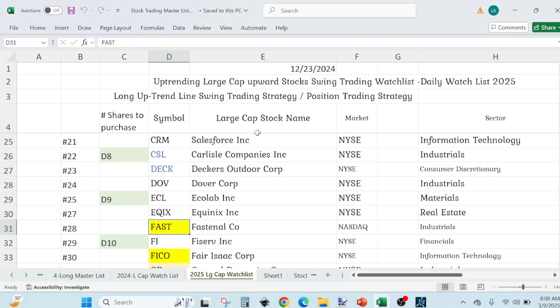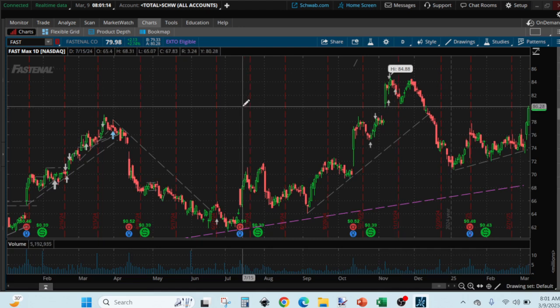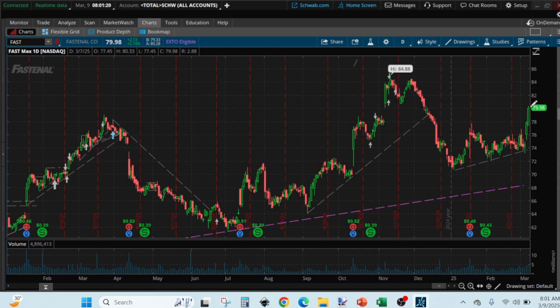If you handpick stocks carefully, and there are stocks you could invest in long term, you don't need to sell them at a loss if they turn around and go down in price. You just keep them until they become positive and you sell. And this is an example. We bought it on November 14 and we have not sold it yet, and today is March 9, 2025.